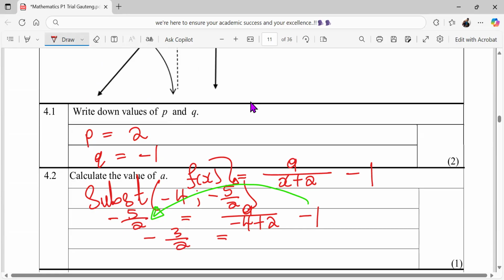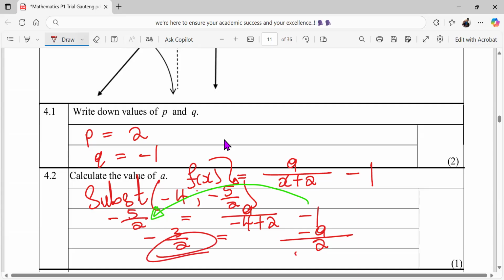Then what are you going to have here? You're just going to have a in the numerator and -2 in the denominator. However, if you like, you can write this in a rather intelligent way and take your negative into the numerator. It's still perfectly fine as well.